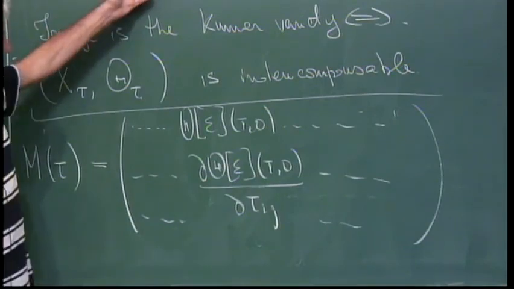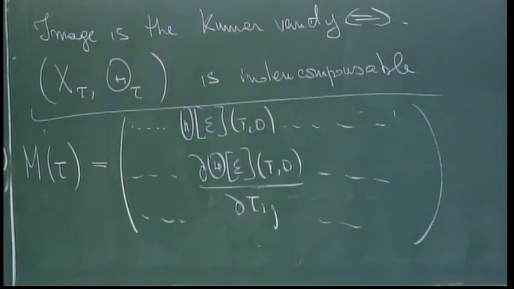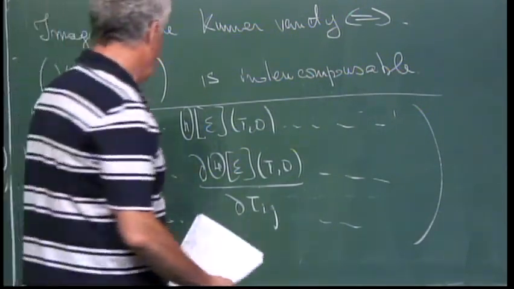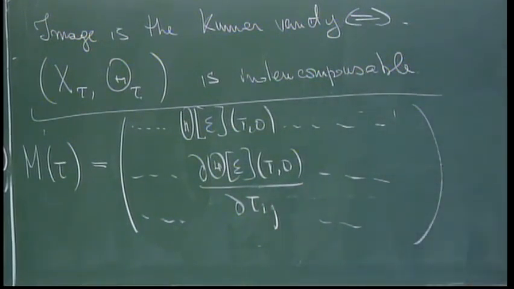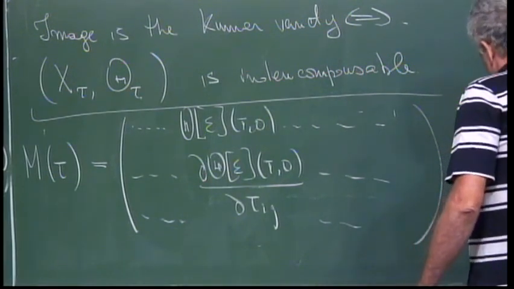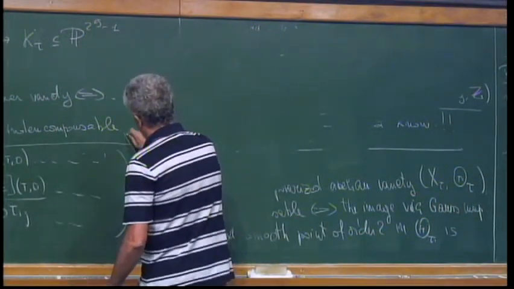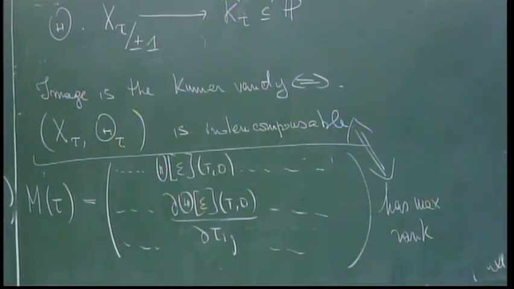But here it is considered as a map with the period matrix fixed. I have to consider it as a map in which the variable is z. But the derivative with respect to zi, zj is equivalent to consider this derivative. So this matrix has maximum rank if and only if this is indecomposable. Otherwise, the rank drops down.